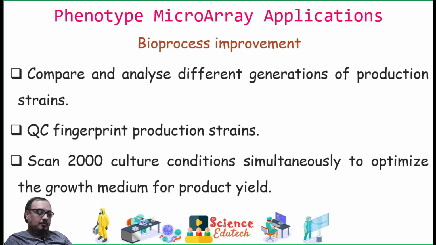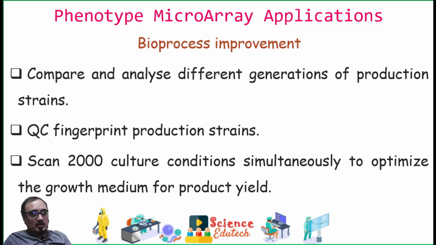Bioprocess improvement: compare and analyze the different generations of the production strains, QC production strains, and scan more than 2000 culture conditions simultaneously to optimize the growth medium for product yield.